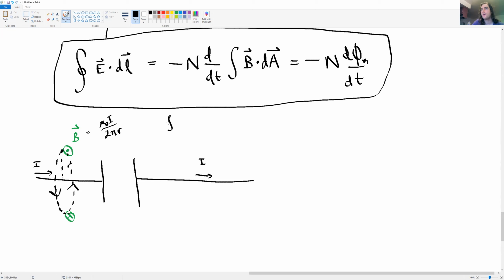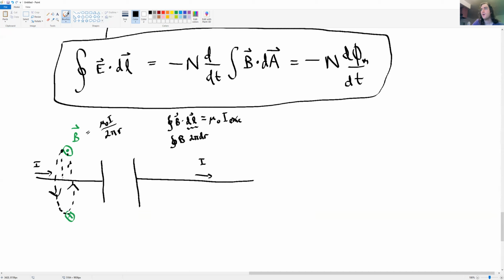The integral over that closed loop of B dot dl is going to be equal to mu 0 I enclosed. The enclosed current is just I in this case. The integral of B dot dl gives us 2 pi r, and B is just going to be constant.